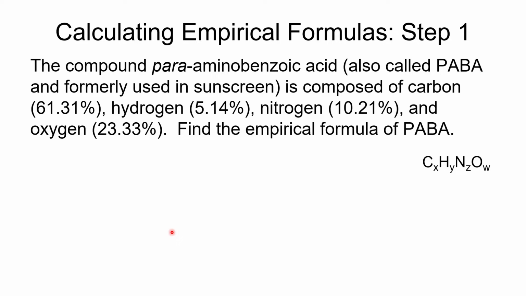So here is a substance, para-aminobenzoic acid, also called PABA. It is composed of carbon, and it gives the percent: 61.31% carbon, 5.14% hydrogen, 10.21% nitrogen, and 23.33% oxygen.